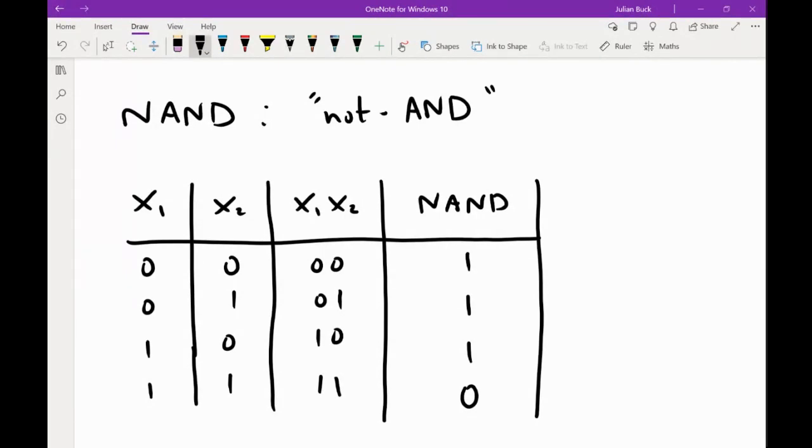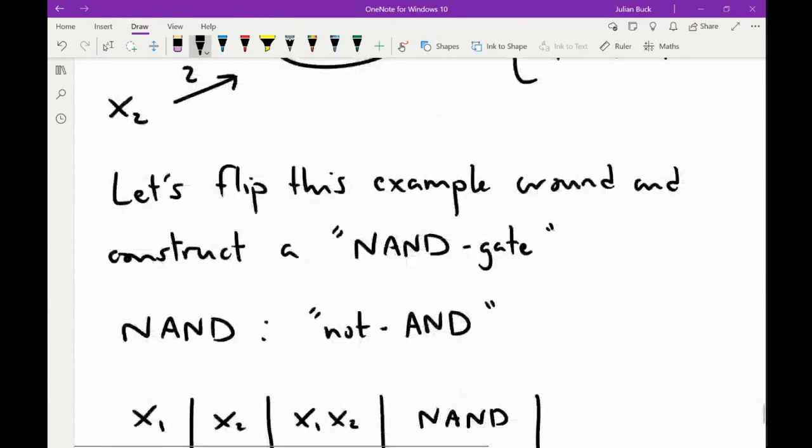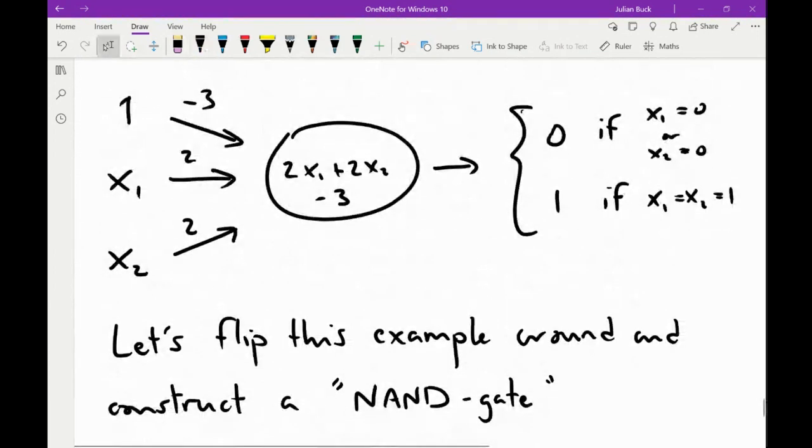So this is kind of tricky to implement, because we want the perceptron to fire an output of 1 when x1 and x2 are both 0. But with our previous setup, if x1 and x2 are 0, regardless of the weights, the net input is -3, so it would never be positive. So how can we make this work?